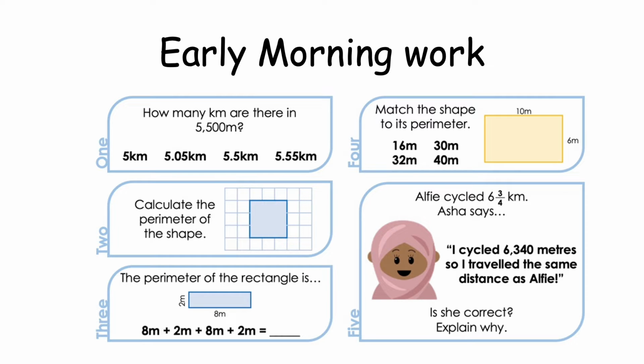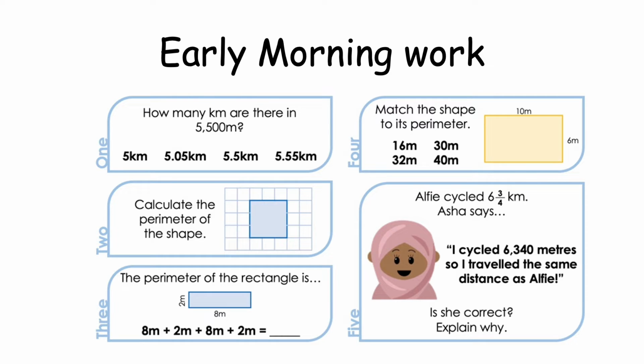Then number 4, match the shape to its perimeter. So is it 16 meters? Is it 30 meters? Is it 32 meters? Or is it 40 meters? Okay, you've got a 10 meter side and a 6 meter side. What about the other two?